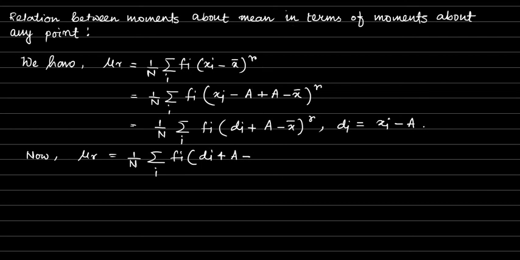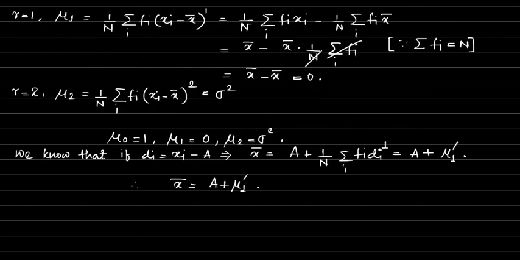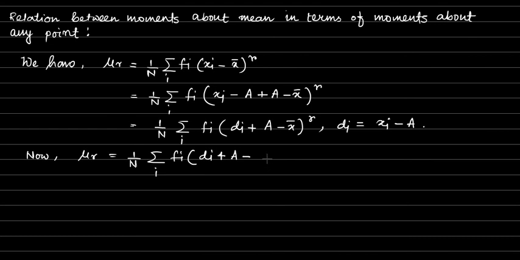Now we have used a result that x bar is equal to a plus mu1 dash. So in place of x bar we can write a plus mu1 dash, giving a minus (a plus mu1 dash) whole to the power r.